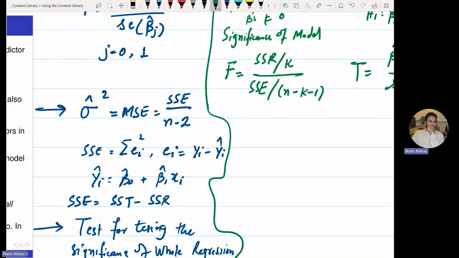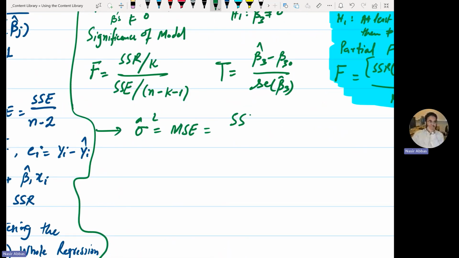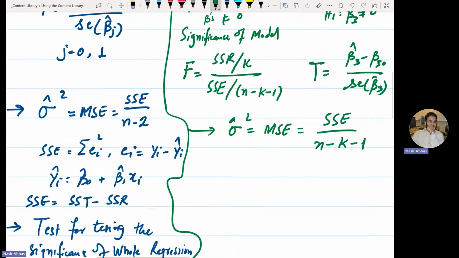Okay. Then in chapter 11, you estimated sigma square using MSE. Again, here, sigma hat square will be MSE. But this time, MSE will be SSE divided by n minus k minus 1, not n minus 2.